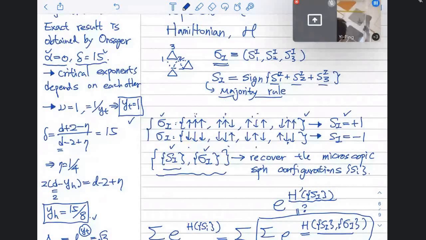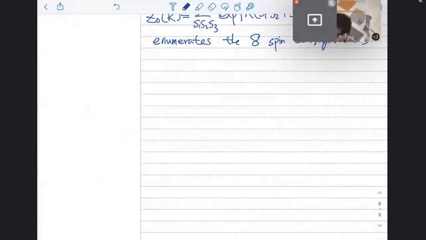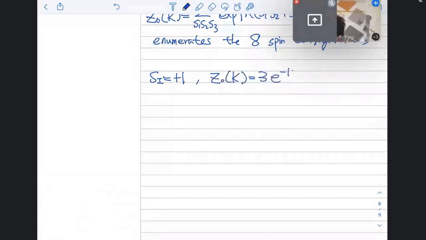You just have eight of them. The conclusion is, for the case where the block spin corresponds to +1, it equals 3 exponential minus k plus exponential 3k.